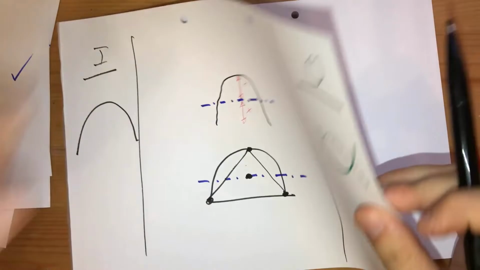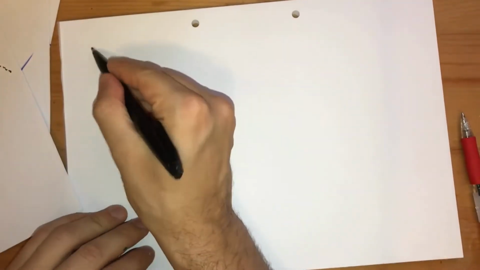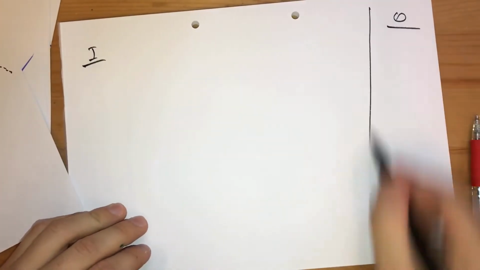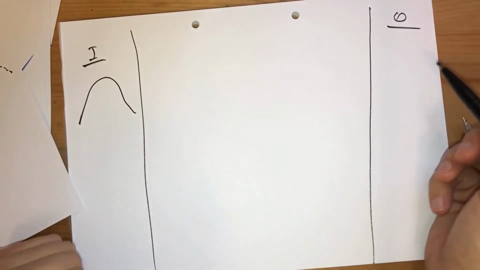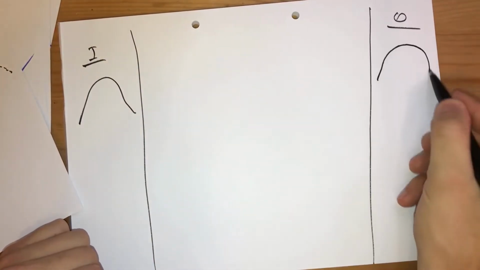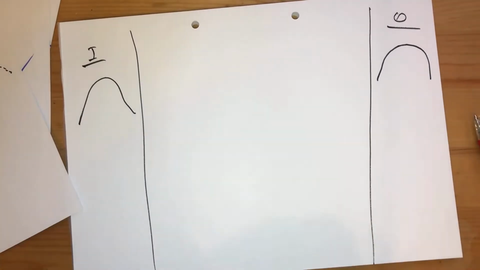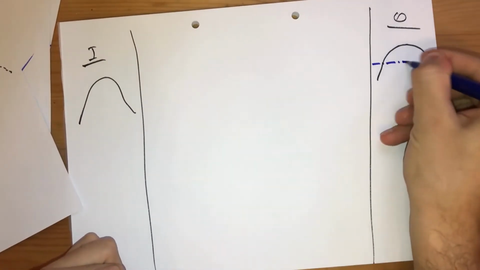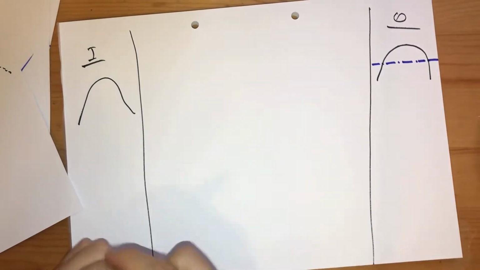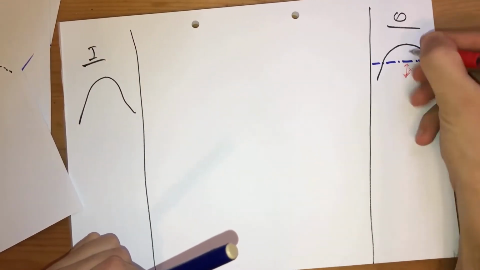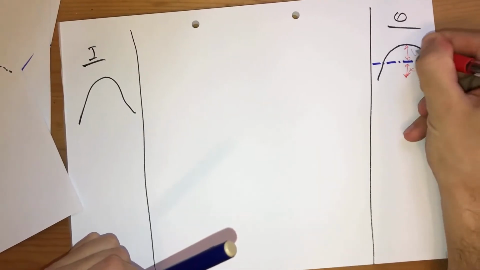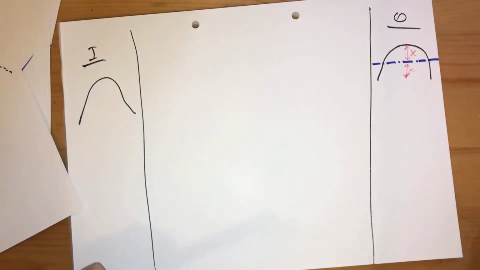So we know that the input, again, going down the rabbit hole, chasing the first principles of the problem, is this, and the output is something like this, where this guy is X and this guy is X, right? The equidistance from that.